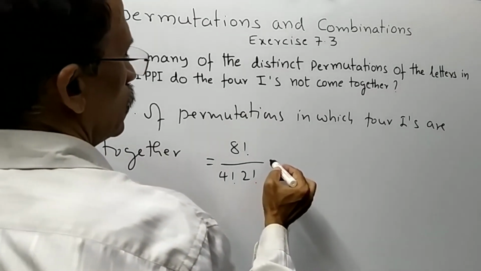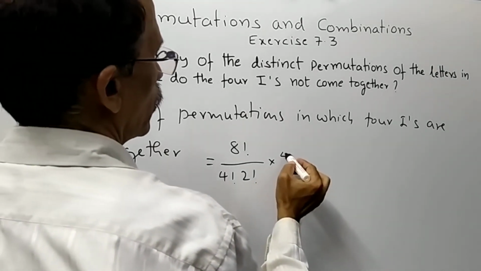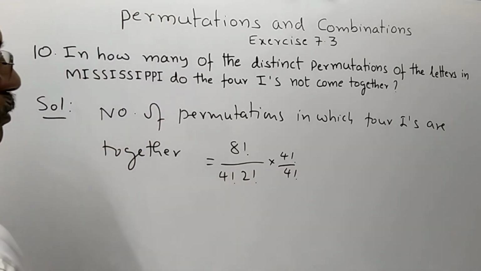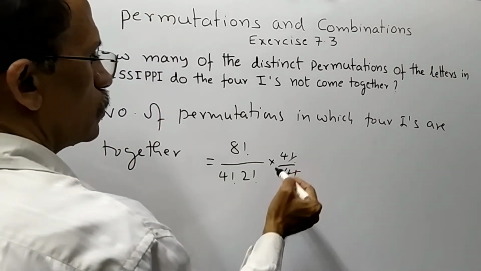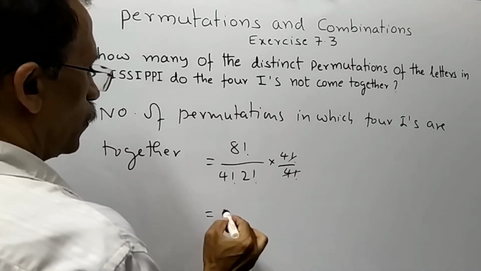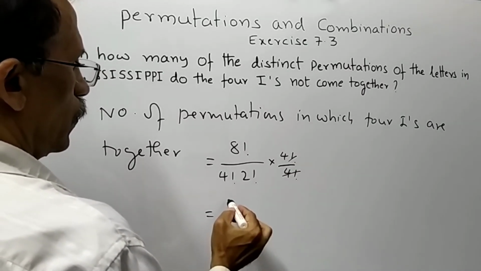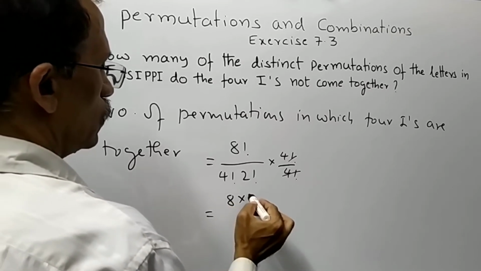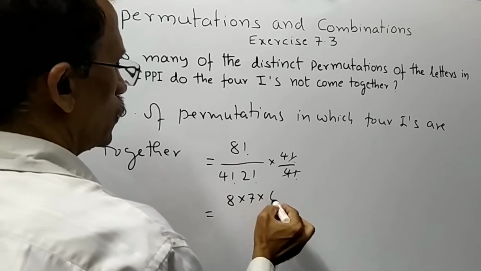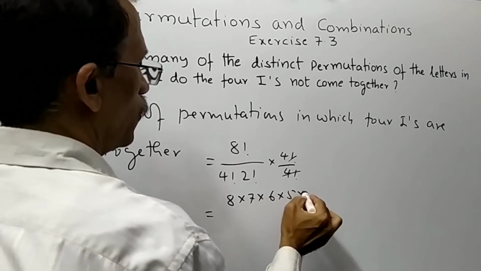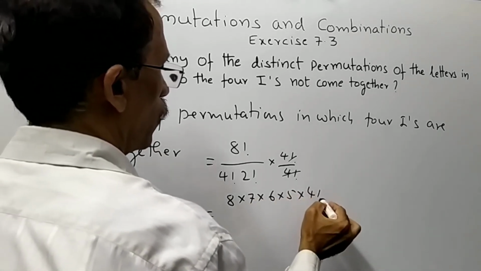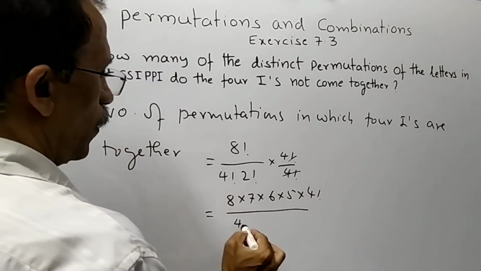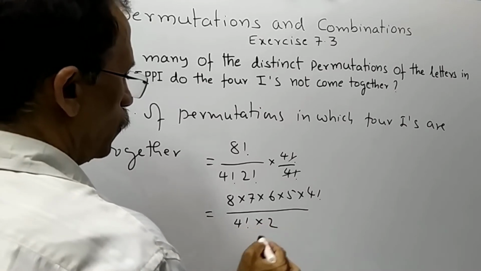4 I's can be arranged among themselves in factorial 4 divided by factorial 4 ways, which is equal to 1. Factorial 8 can be written as 8 into 7 into 6 into 5 into factorial 4, divided by factorial 4 into 2.